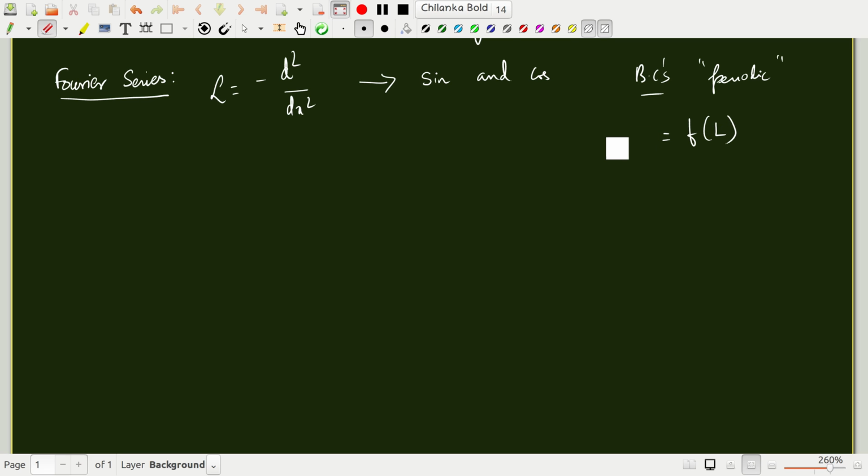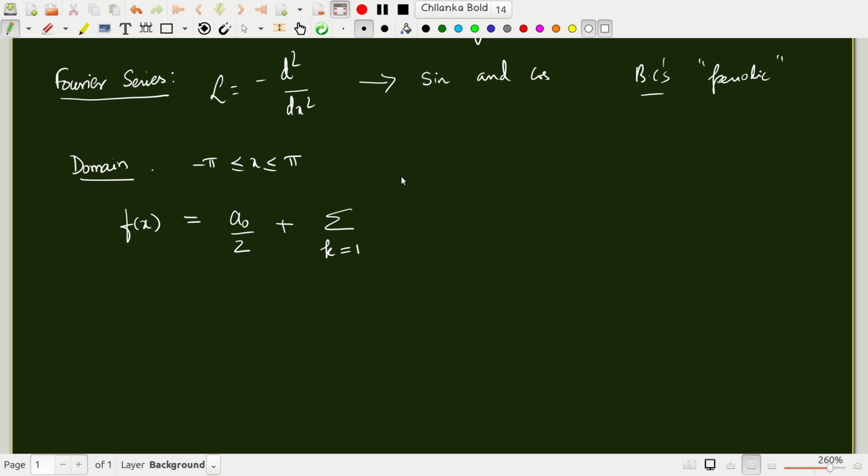Now, just for the sake of concreteness, let's take the domain between minus pi and pi. Then the Fourier series becomes: any function that is periodic in this domain is written as a_0 by 2 plus summation k equal to 1 to infinity of a_k cos kx plus b_k sin kx.